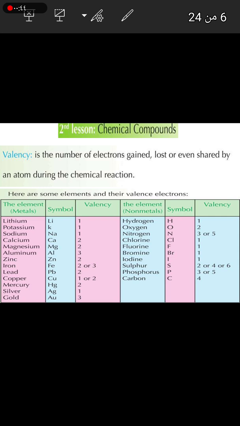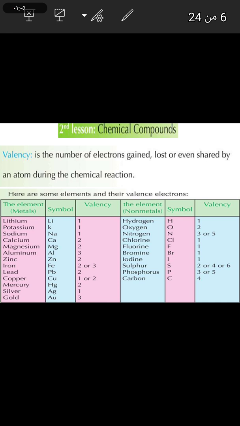We know from the first lesson that metals tend to lose electrons in the chemical reaction and change into positive ions. And the non-metals tend to gain electrons during the chemical reaction and change into negative ions.